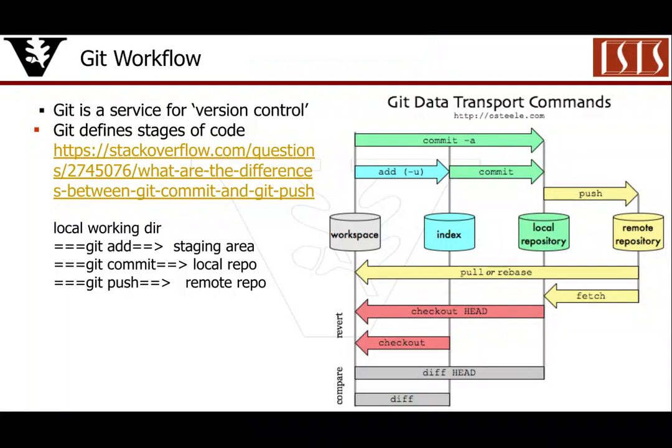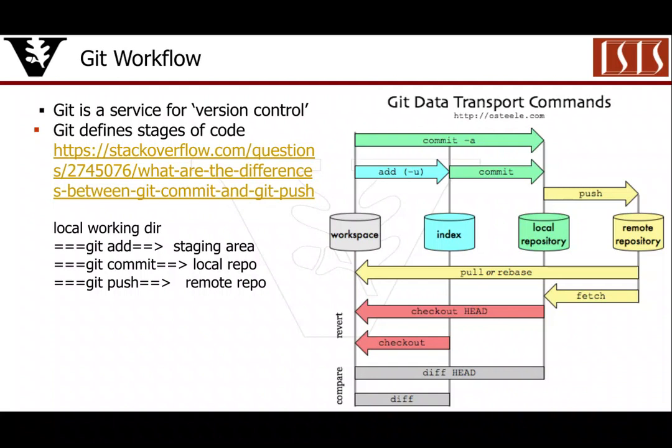So in the first part of the video, we have talked about what is Git and why we need tools like Git. So here we are talking about a few important concepts that would help you better understand the workflow of the Git system.